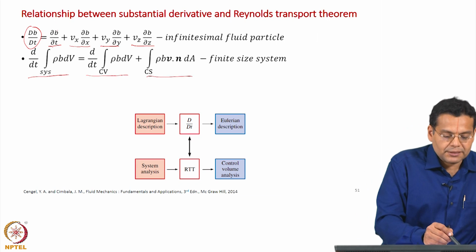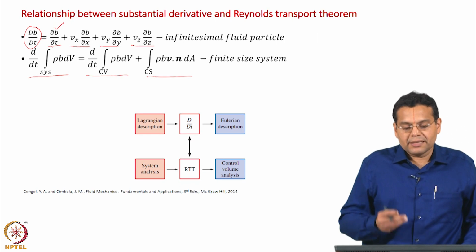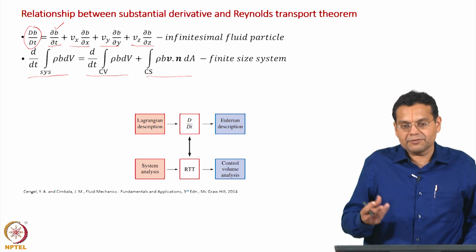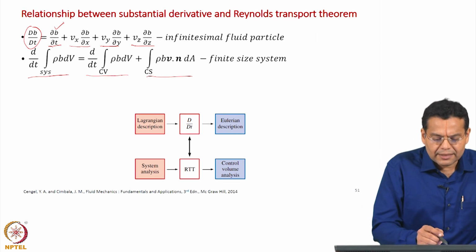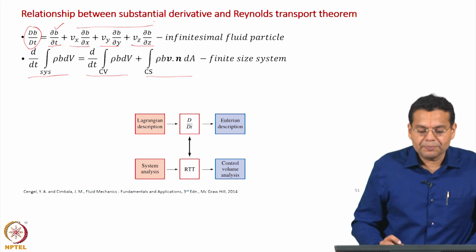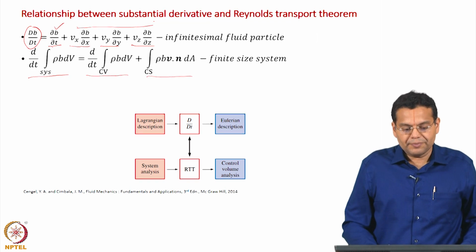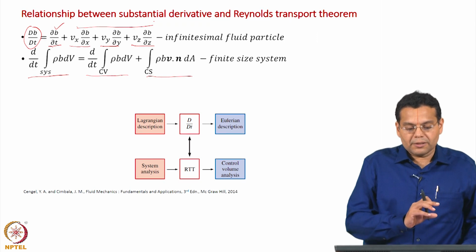The first term represents the local contribution, that is because of the unsteadiness of the field. When I say field, it could be temperature field, velocity field, whatever field we are applying for. And the next set of three terms is because of convection, because of fluid flow. Okay. So, first component is because of the unsteadiness, which is the local component.